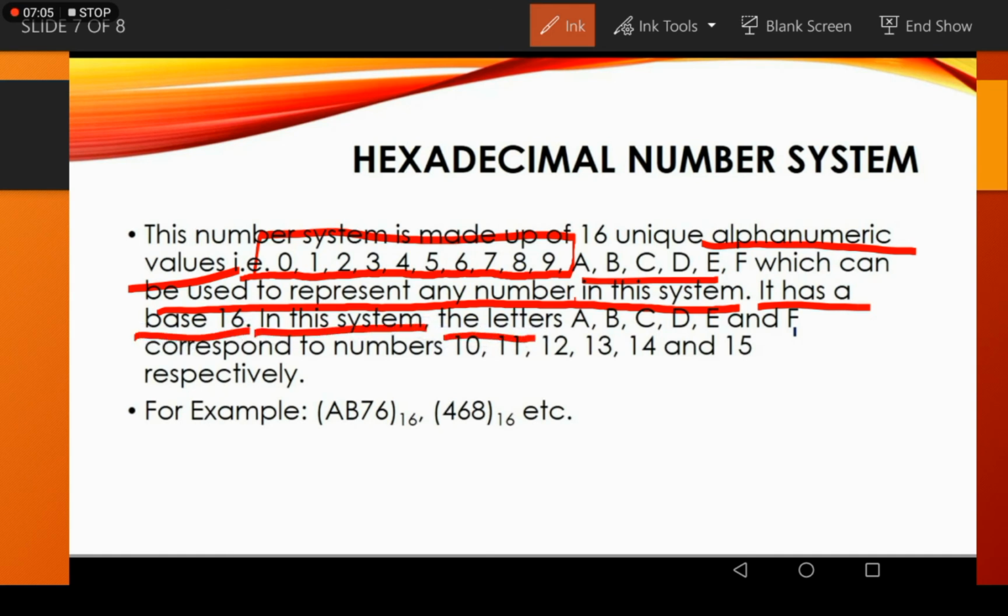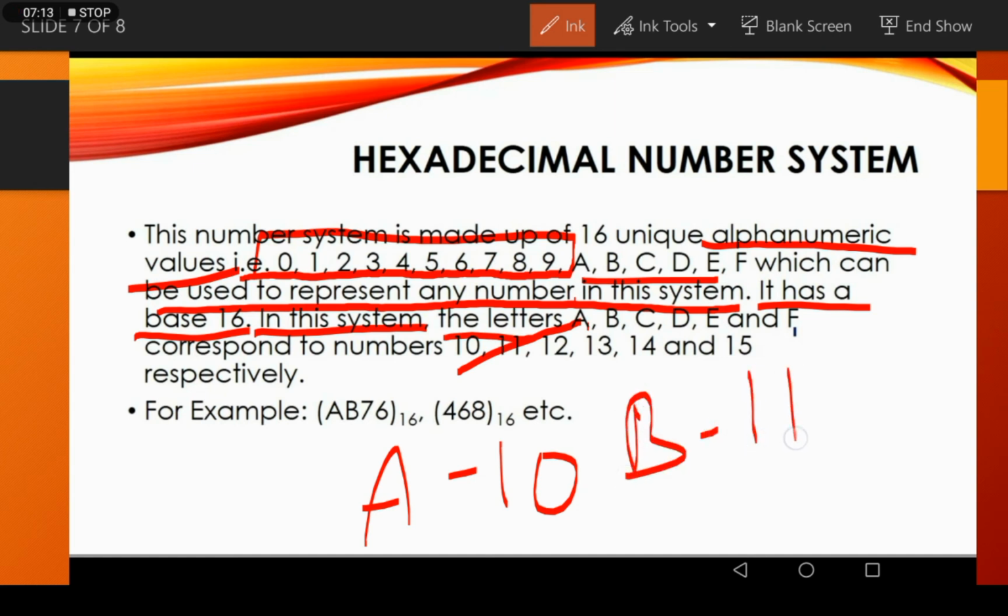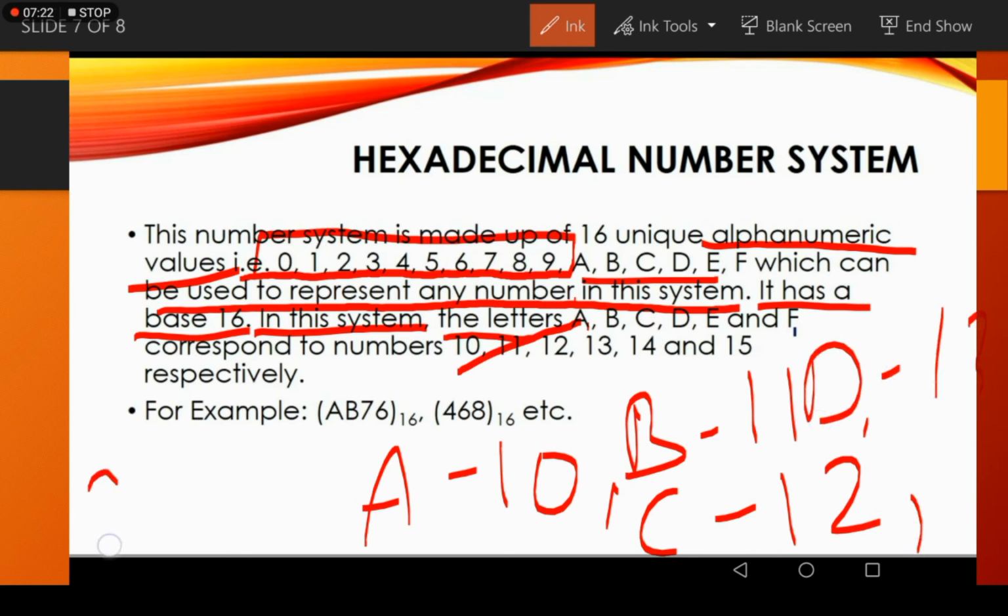The letter A represents 10, B represents 11, C represents 12, D represents 13, E represents 14, and F represents 15.